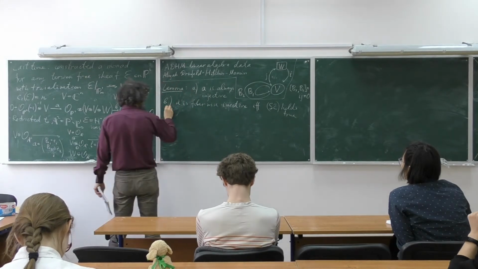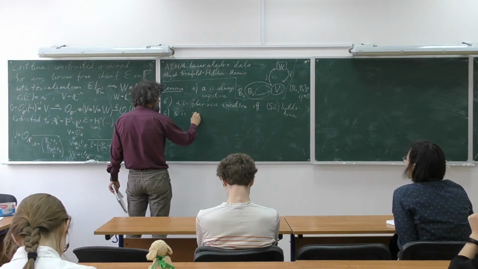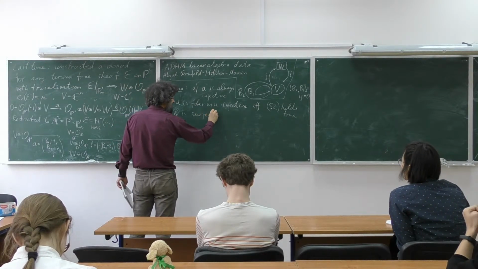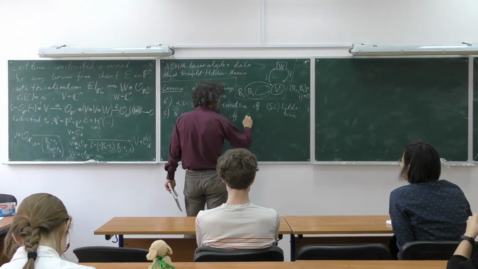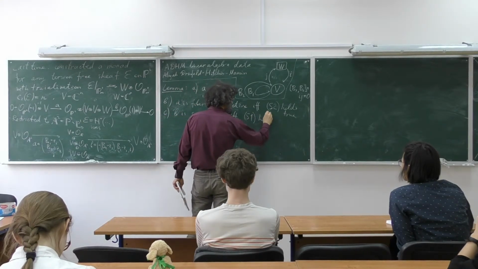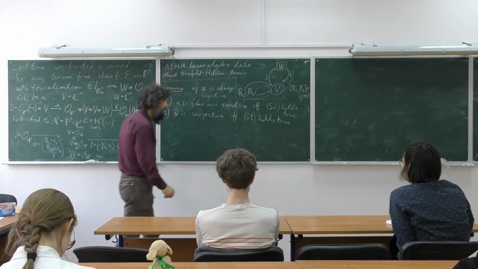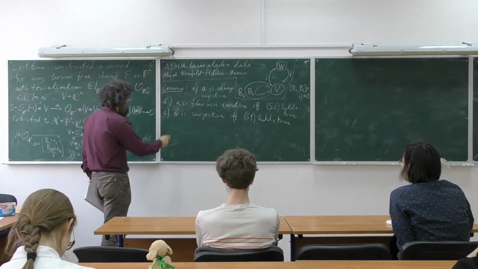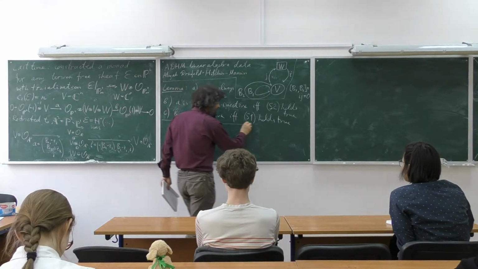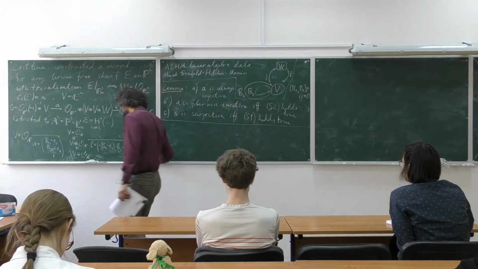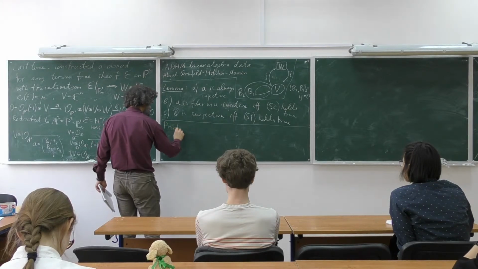And B is surjective, so there is no first cohomology, if and only if the stability condition S1 holds true. Okay, this is everything we have to check, and let's check this.